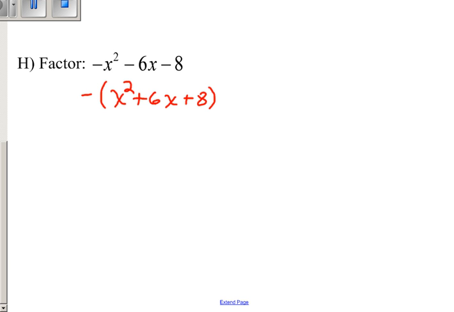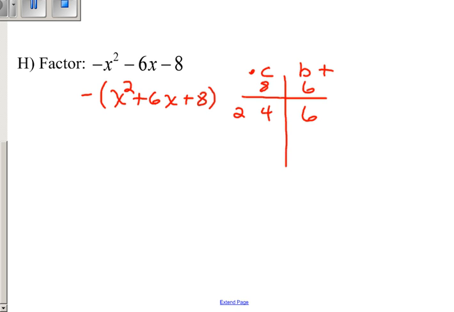Again, I can go ahead and use basic factoring. What multiplies to be c and adds to be b? What multiplies to be 8 and adds to be 6? Again, I can list all my factors if I want, but hopefully you can figure out that 2 times 4 is 8. 2 plus 4 is 6.